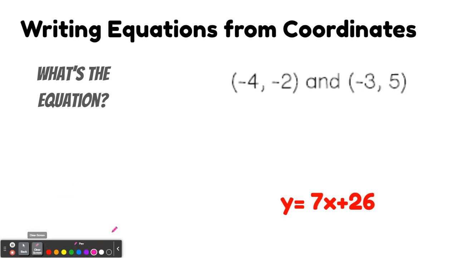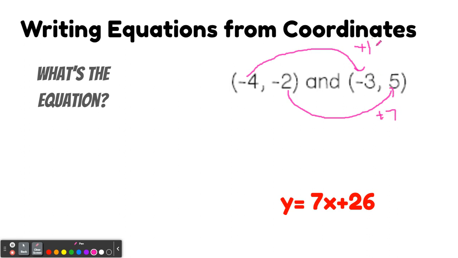Okay, let's go ahead and do this. So our equation should be y equals 7x plus 26. And here's how I got that. First of all, I found my change in x and y. To get from here to here, -4 to -3 is going up 1, and -2 to 5 is going up 7.